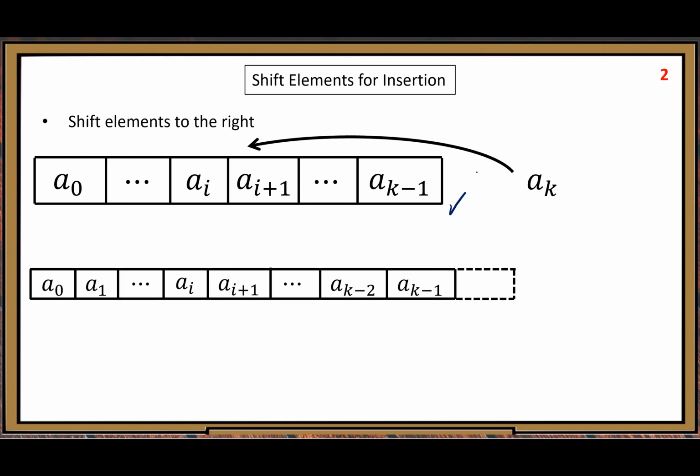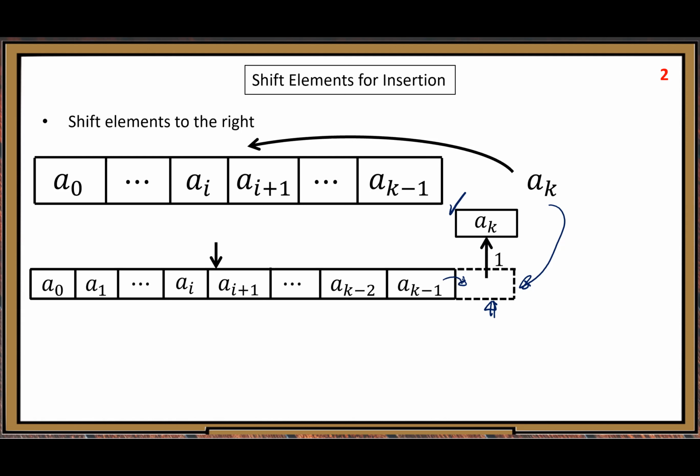At the beginning, this location is the original AK location, right? Given the array, AK has a given location. Here we lift AK, so we move AK out. Then this location becomes vacant. After it is vacant, we can shift elements to the right.